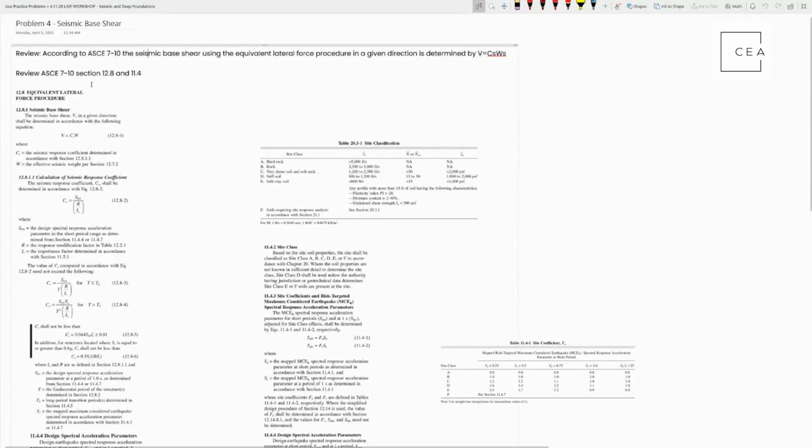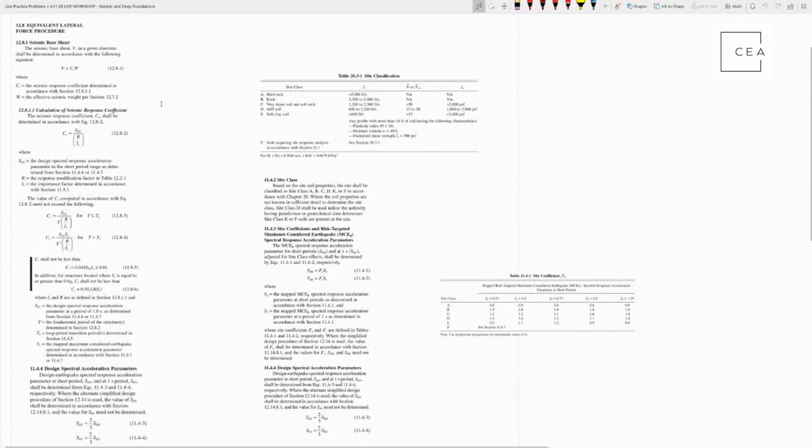What we want to do is quickly review the ASCE 7-10, which gives you the whole breakdown of how to solve this type of equation, and then we'll do a quick problem. Seismic base shear is given by this equation, 12.8-1, where V equals Cs times W. Cs is the seismic response coefficient.